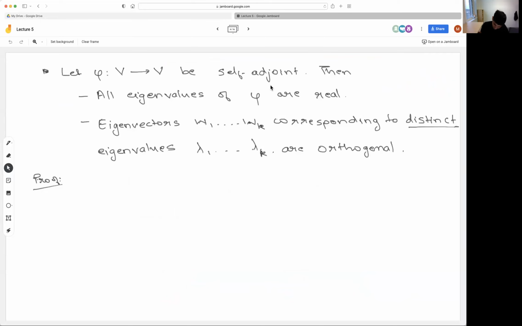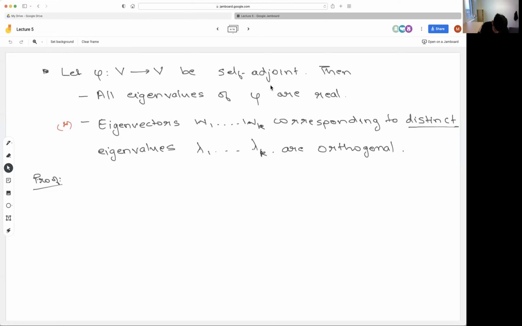Now let's prove the second part of it. It's a similar proof, where you apply the definition of self-adjointness. But now we want to prove the orthogonality of eigenvectors corresponding to distinct eigenvalues.